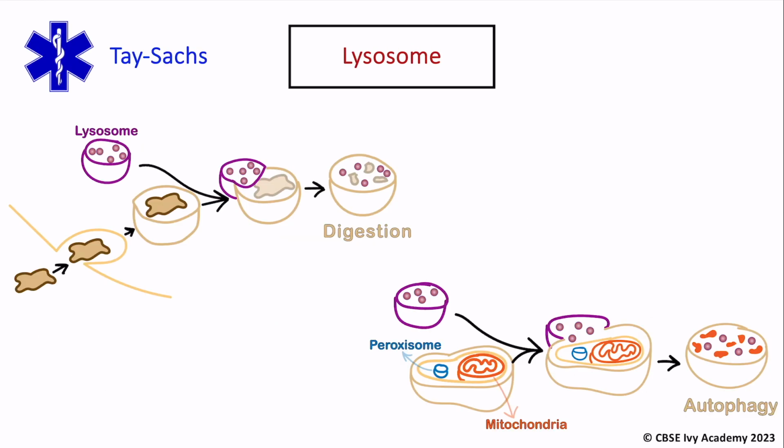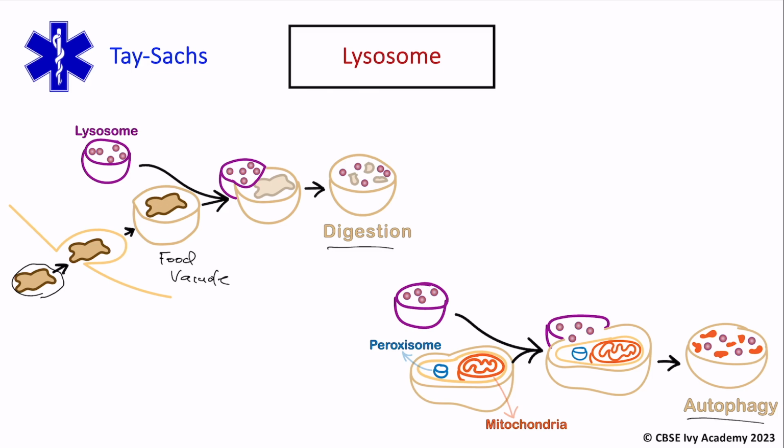Next topic is the lysosome. So the lysosome is a membranous sac of hydrolytic enzymes that many eukaryotic cells use to carry out either intracellular digestion or a process called autophagy. So in intracellular digestion, a cell phagocytoses food into a vacuole, a food vacuole.